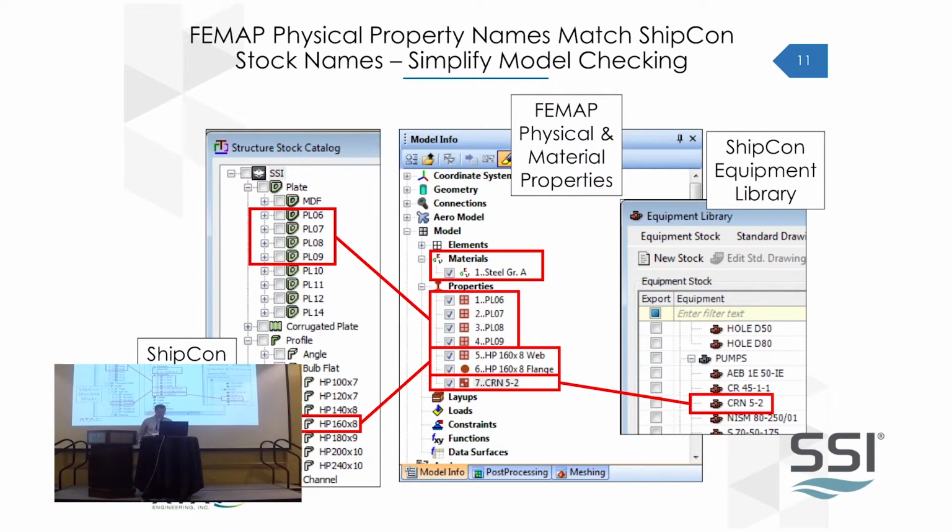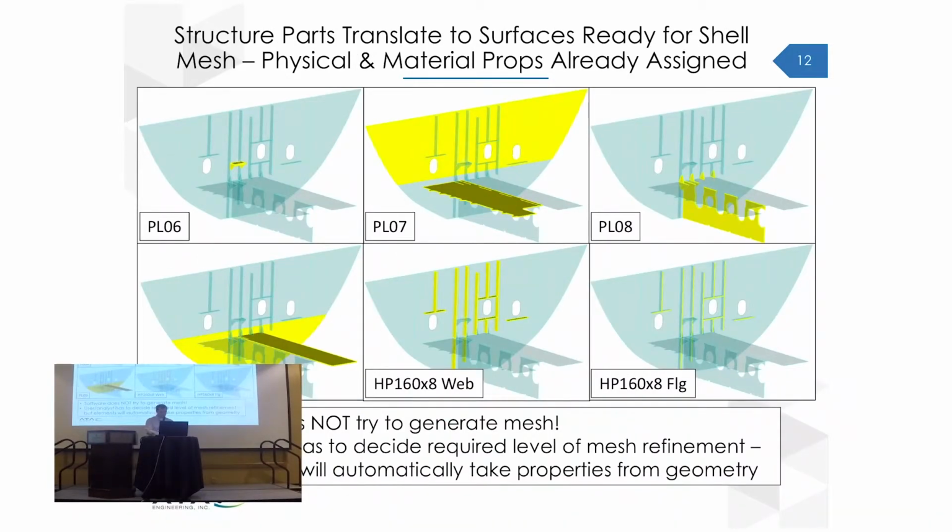You can see a bulb flat has a separate property for both the bulb, flange, and flat. Similarly, this is what you end up with. These are the different parts of this assembly highlighted, showing that each different type of plate stock has been correctly associated with the geometry that we've created in FEMAP.